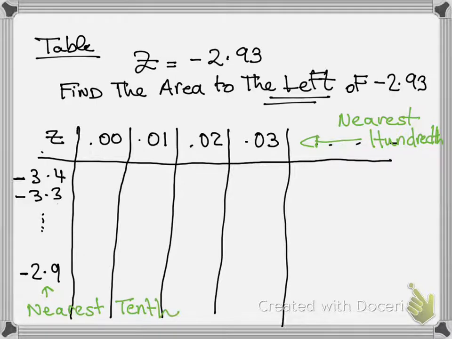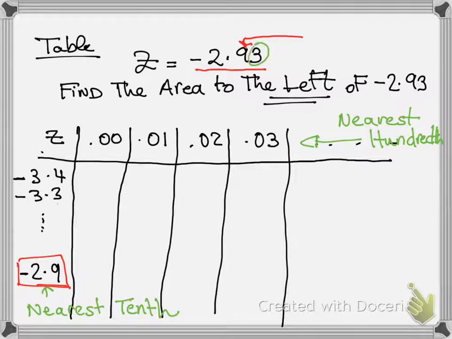So here in my example we have -2.93. The nearest tenth is negative 2.9, so here is my negative 2.9. And the nearest hundredth is 3.